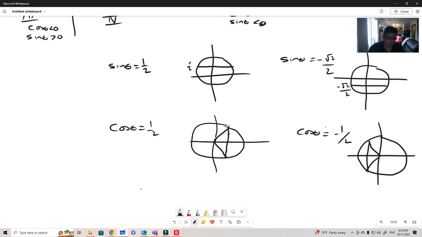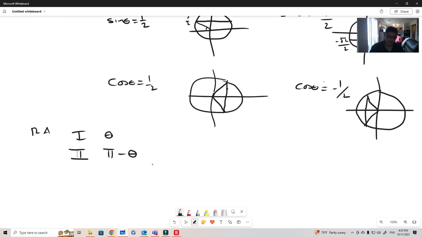If the reference angle is in the first quadrant, then it's theta, and that's it. If the reference angle is in the second quadrant, then to find this little angle here, what I've got to do is pi minus the reference angle theta that I use, and that I mostly get from the calculator.